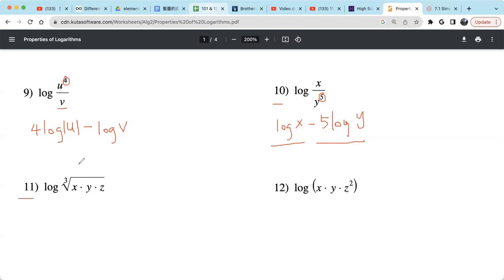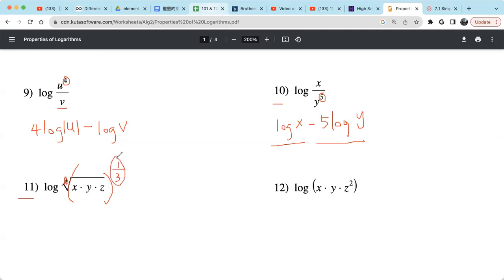Cubic root. Cubic root can be rewritten as the whole thing raised by 1/3, right? We use rational exponents to represent the radicals. So then I see product x times y times z. I see product.